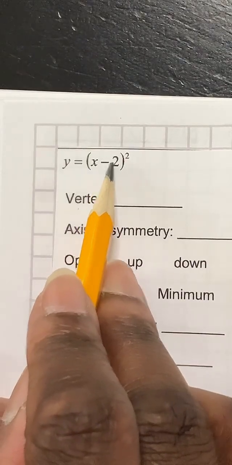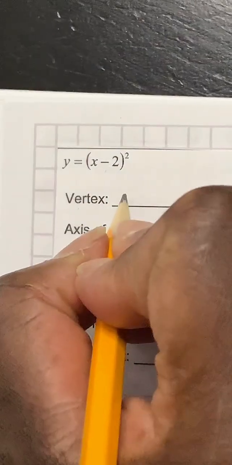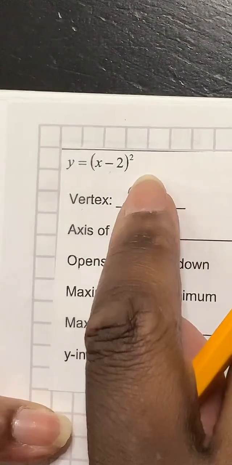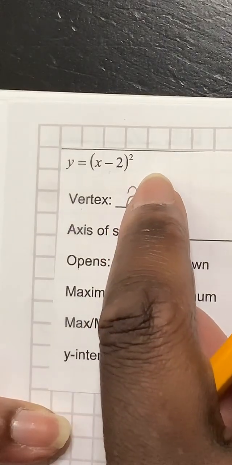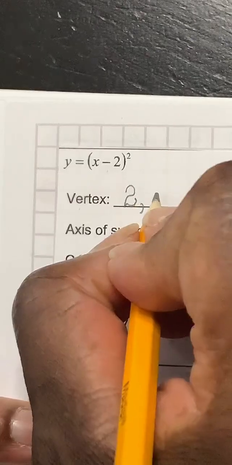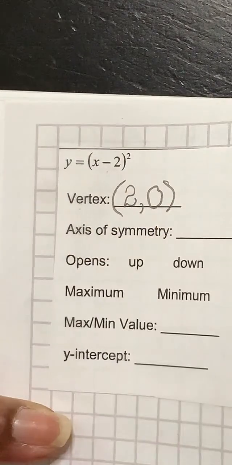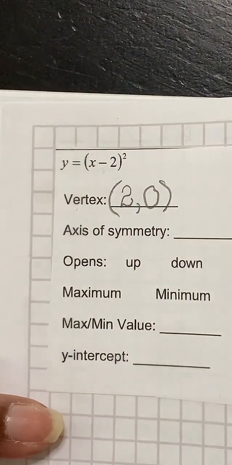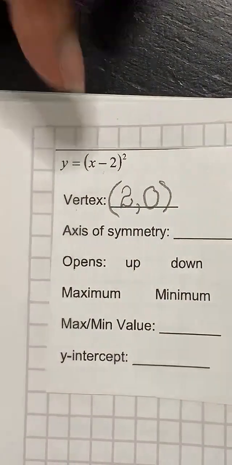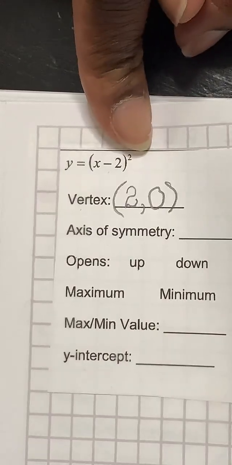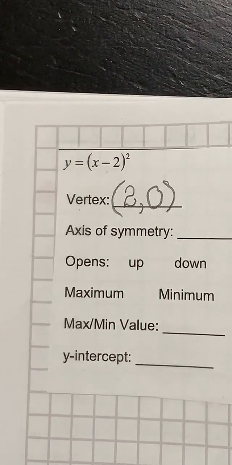So I have a minus 2, so the opposite will be a positive 2. Now, I don't have a plus or a minus k. So that means 0 is going to take its place. Okay? So 0 will be my placeholder because I don't have a plus or a minus k involved.